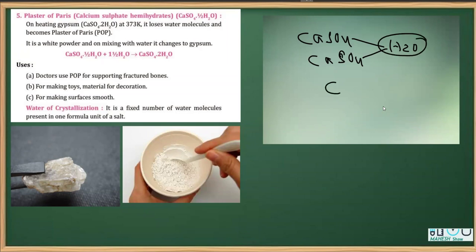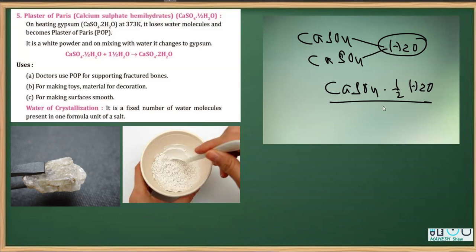So we can say that one formula unit of calcium sulfate gets a share of half a water molecule. That's why we use the term hemi. Hemi stands for half, hydrate is water. So that's why we say it's a calcium sulfate hemihydrate.